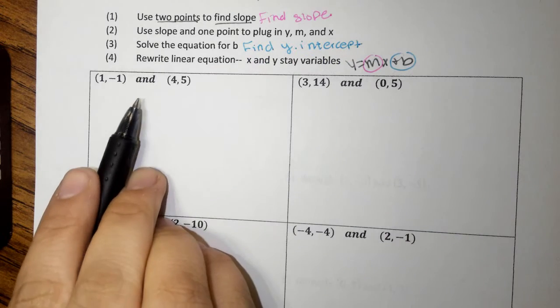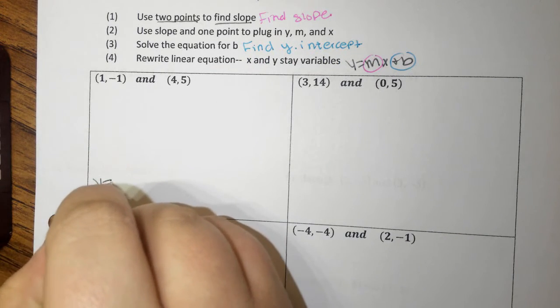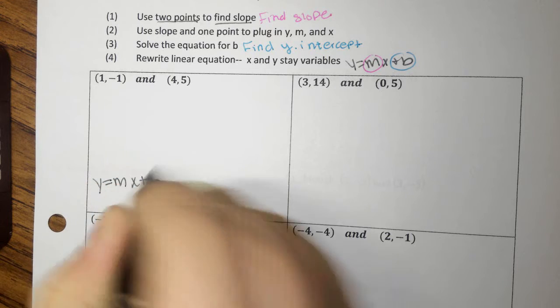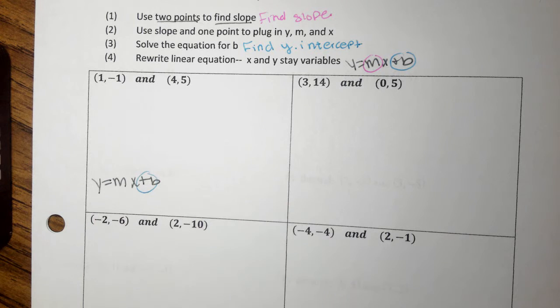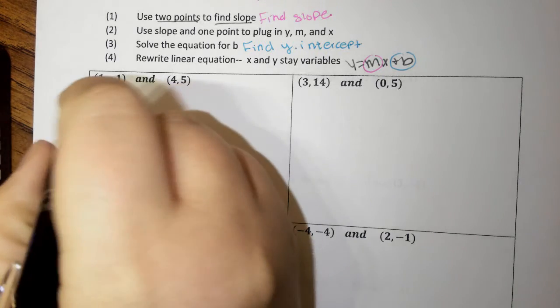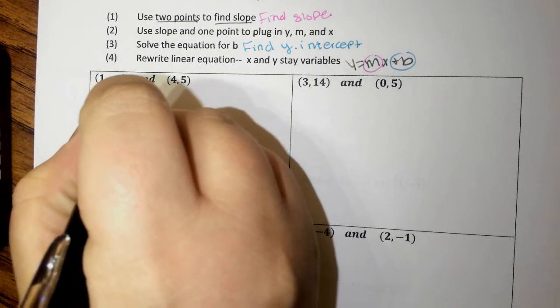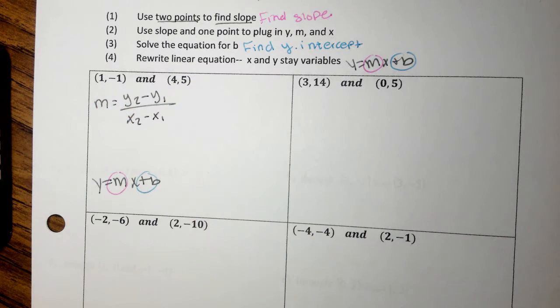First, I know I need to find the slope. Our goal is to write y equals mx plus b, replacing m and b with numbers. So I can find the slope using y2 minus y1 over x2 minus x1.